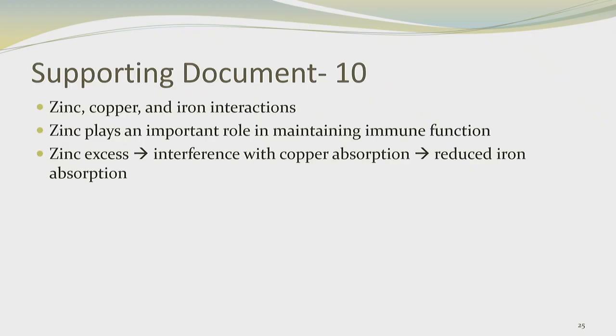Before we go on, there is either in the supporting document or in your textbook another case study about a child living in a low-resource setting, mainly consuming a diet of breads made from whole grains, but not having a very high intake of animal source foods.